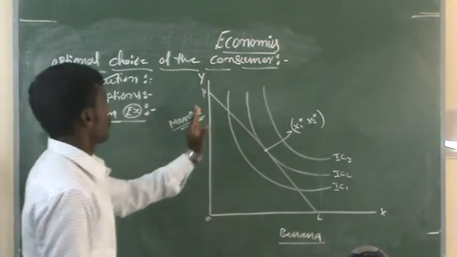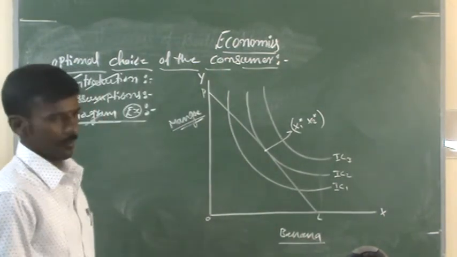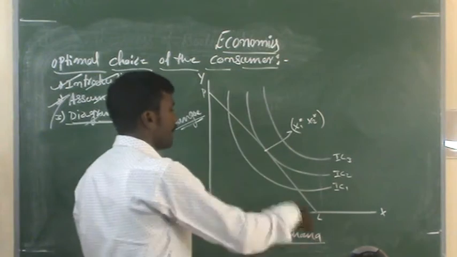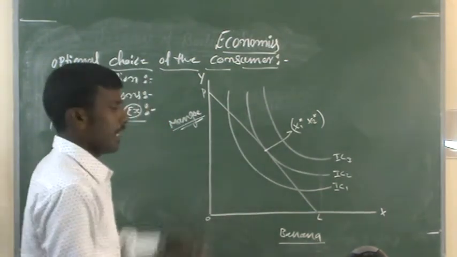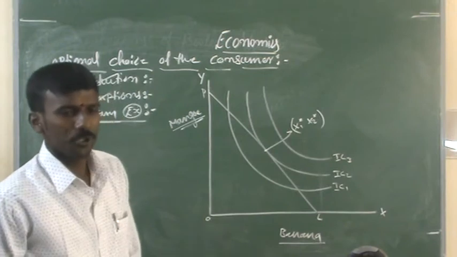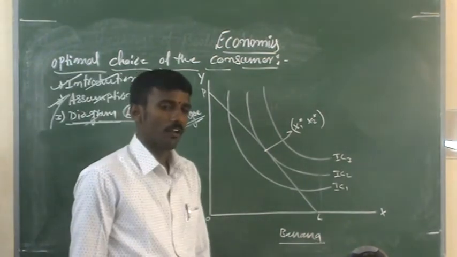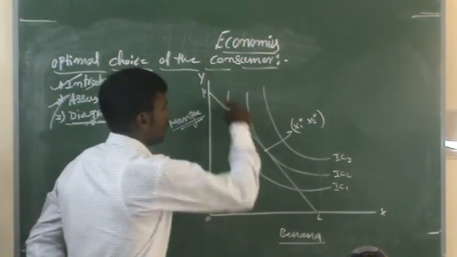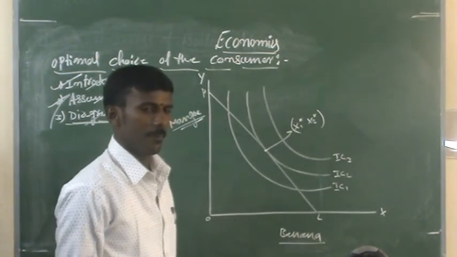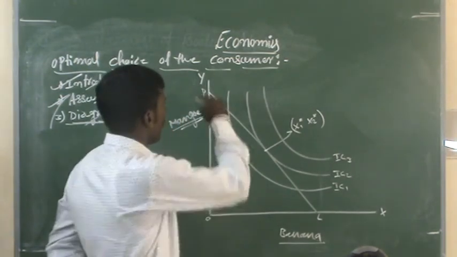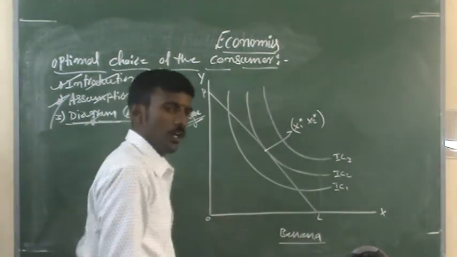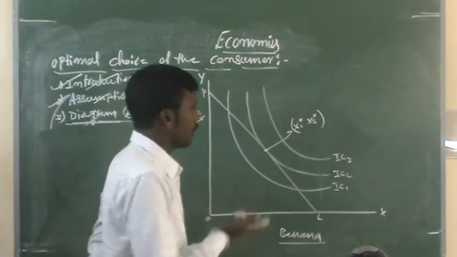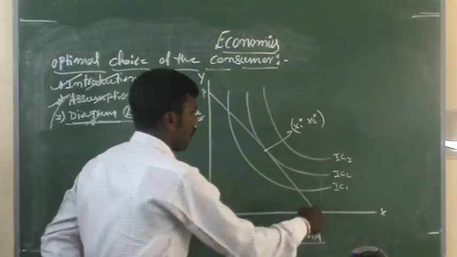And in this diagram, the left to right downward sloping straight line, the PL line, clearly shows the income of the consumer, the budget line of the consumer. Give it any name, BL or PL. This curve is the consumer's income, that is all he has. It may be 20 rupees, 30 rupees, or 250, whatever, that much income he has.